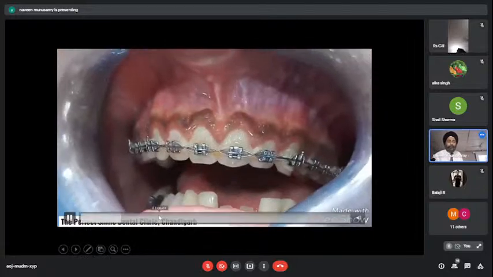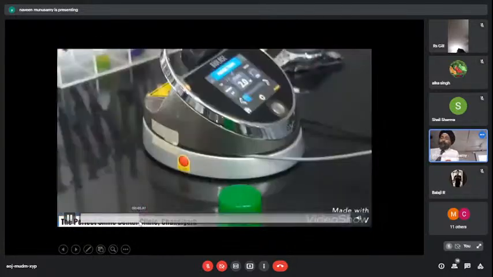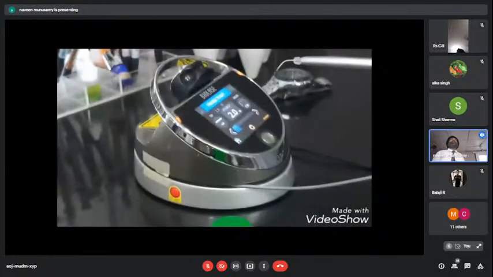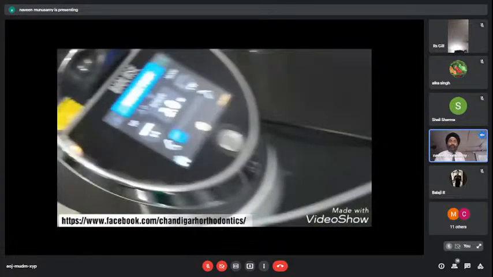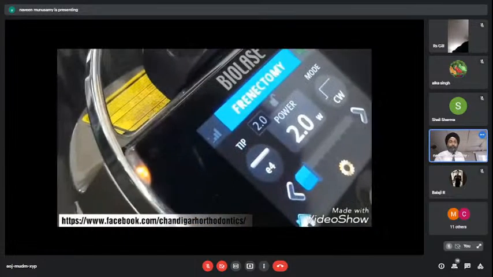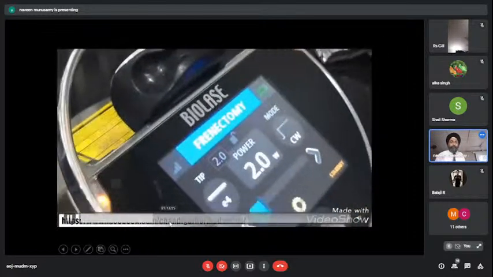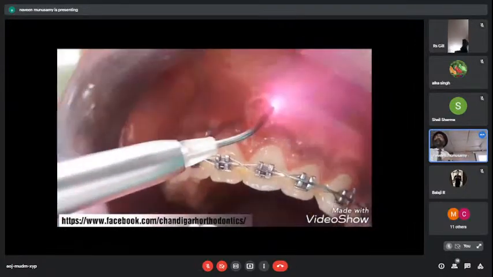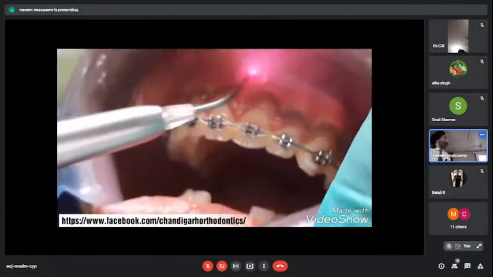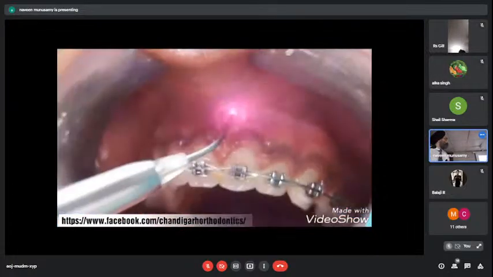There was bleeding involved, and ultimately, we'll be doing this procedure. The mode should be continuous mode. They give a pulse mode also, but continuous mode is much better. See how simple, you're just cutting the area. Not even given anything, just a spray.